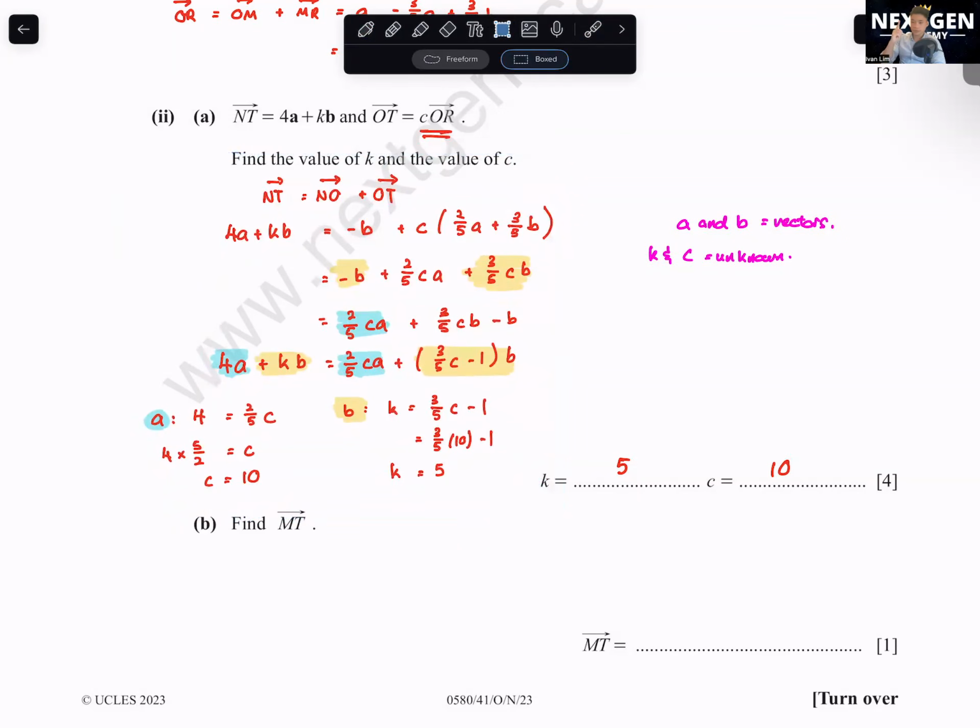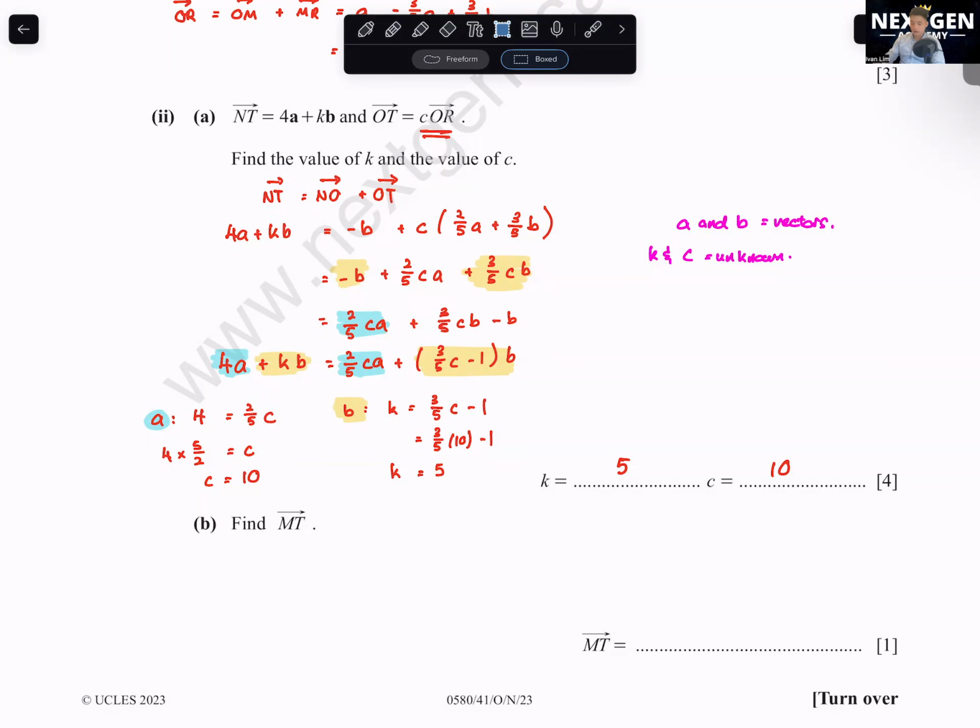This one is one equation with two unknowns. Is it mainly for vectors? Let me think. No, it can appear in other chapters also. But for your maths, I think, yeah, vectors. So for vectors, you all need to know this is one type of equation that will come up.